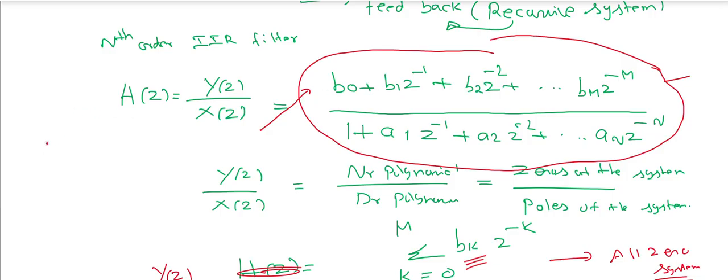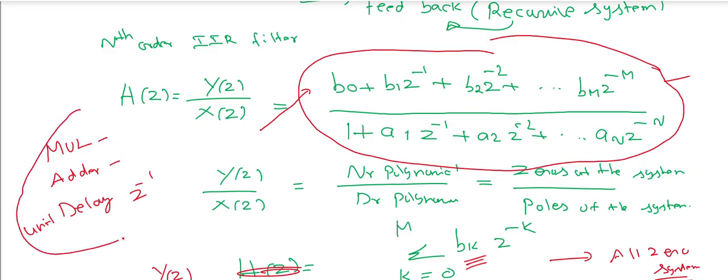The three important components are the multiplier, the adder and the delay element. The unit delay is denoted by z inverse. So these three elements play a vital role in the hardware realization of the IIR system.